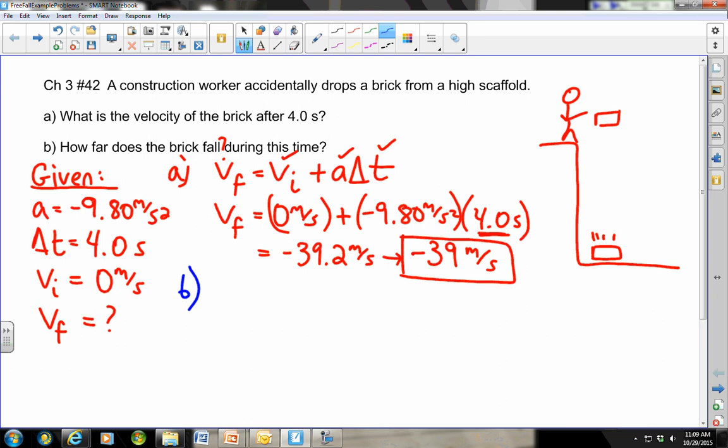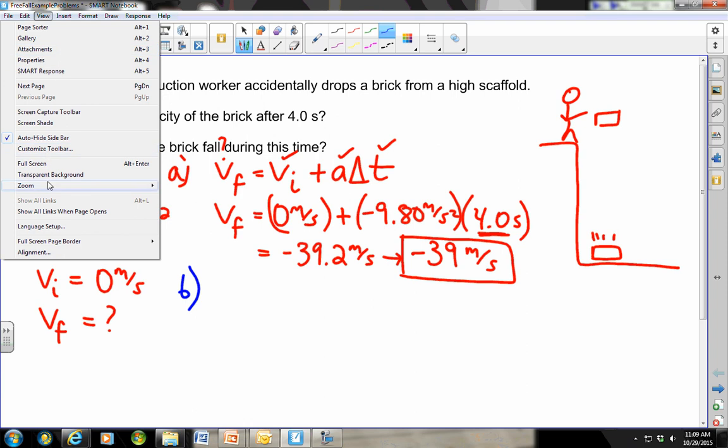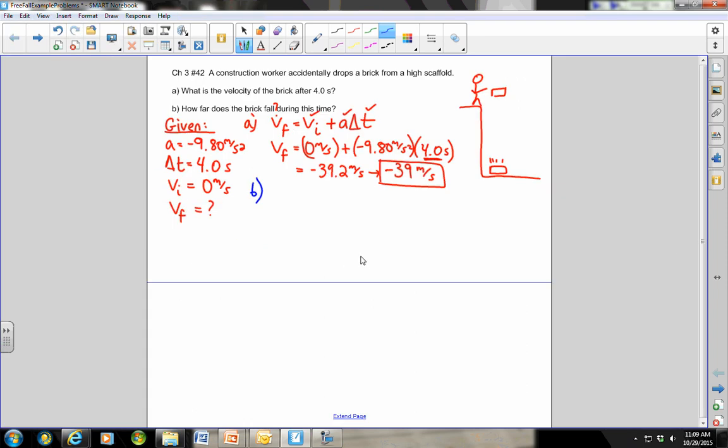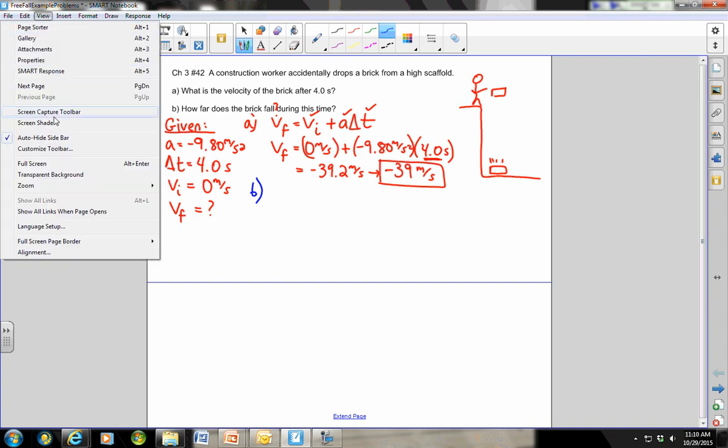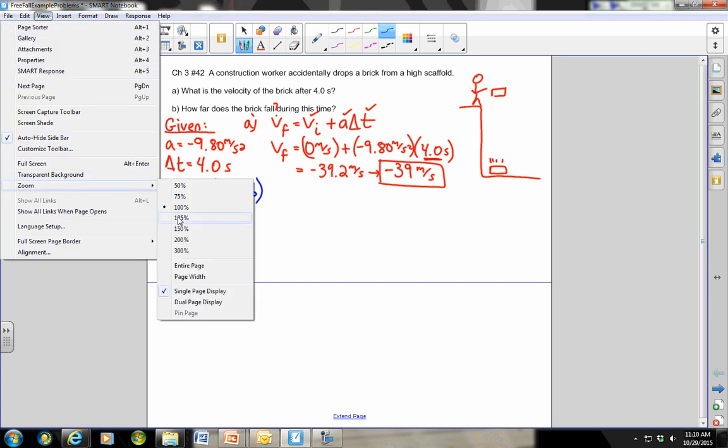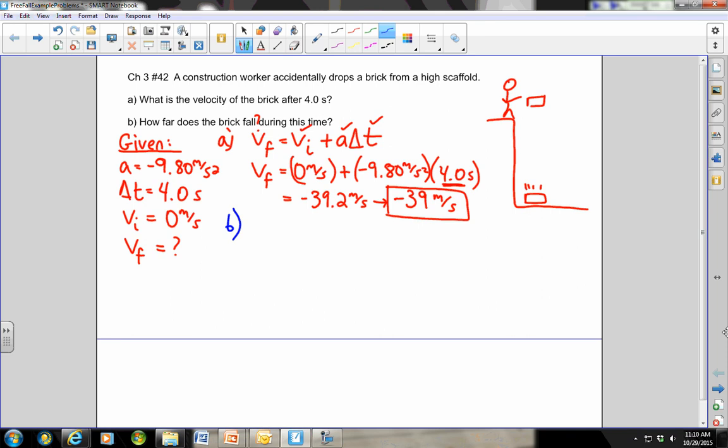I need to stretch the page a little bit here. Okay, that's a little bit too far out. Hold on. There. Okay, so now it wants to know how far the brick has fallen.